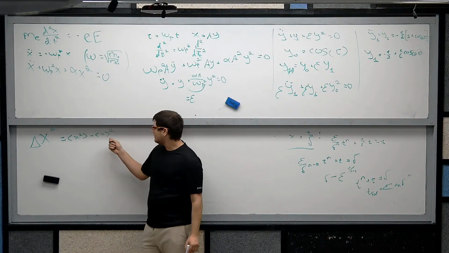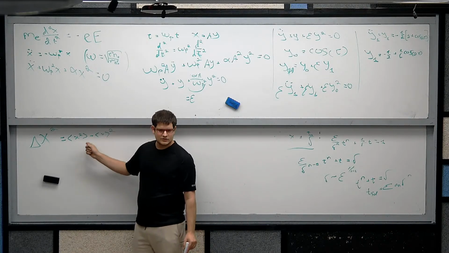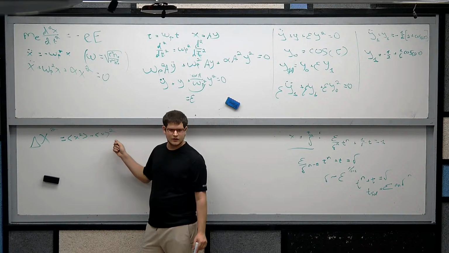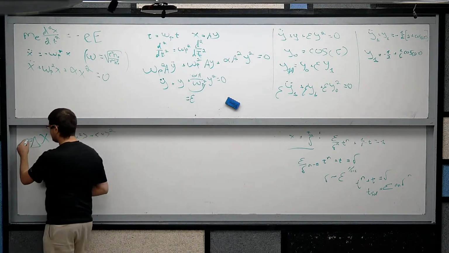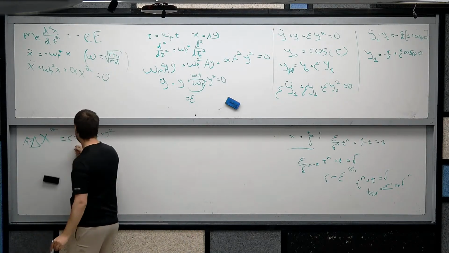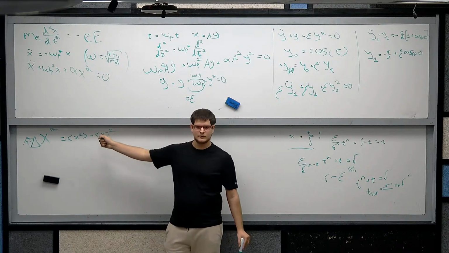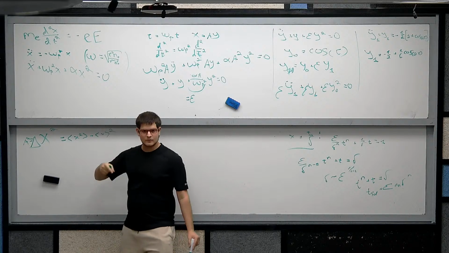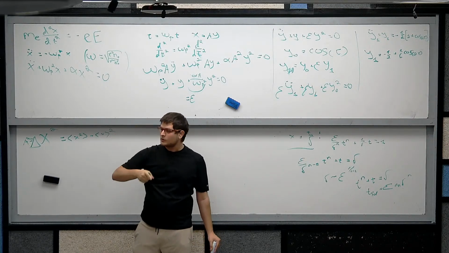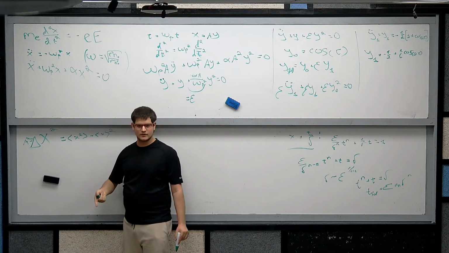By the way, the averages will depend on A also. We set that to be A squared, but those terms will also depend on A squared. And the frequency integral will also depend on A squared. Why?